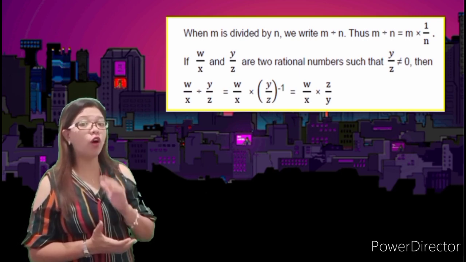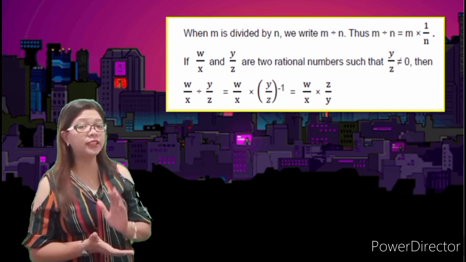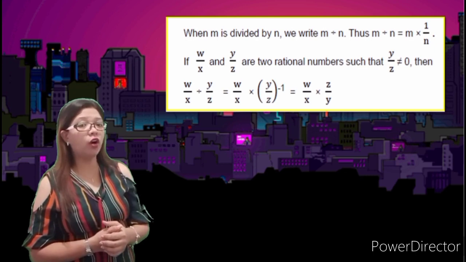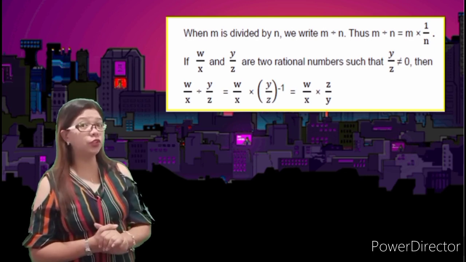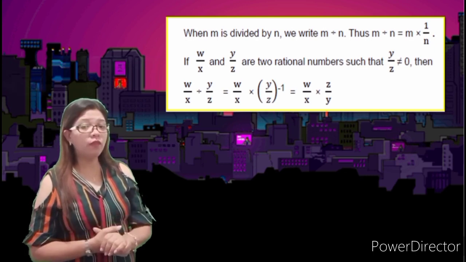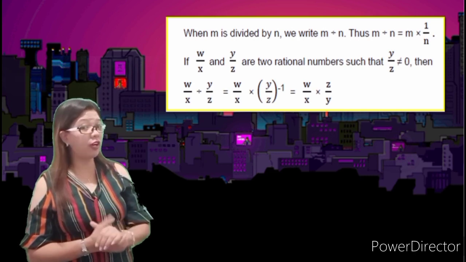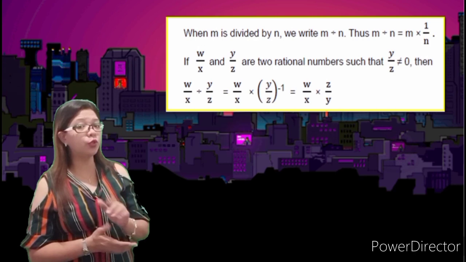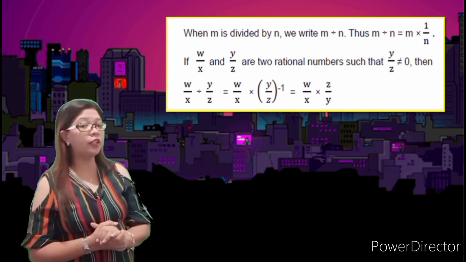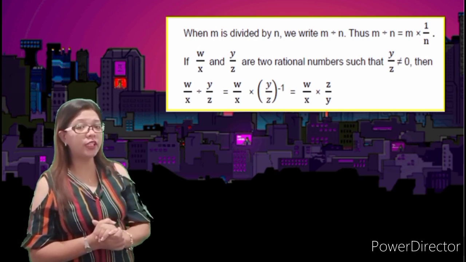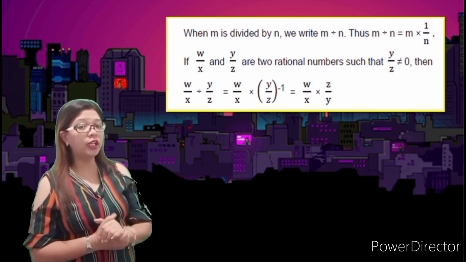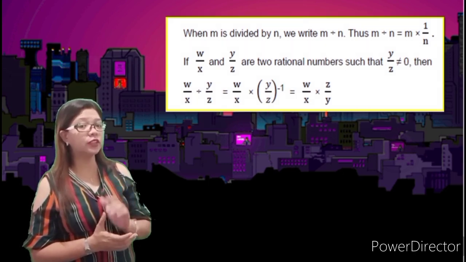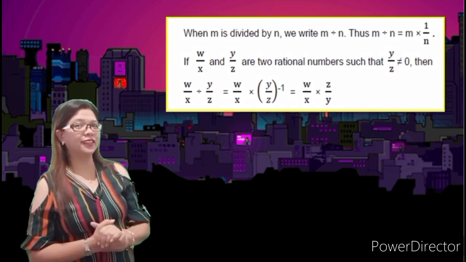If w over x and y over z are two rational numbers such that y over z is not equal to 0, then w over x divided by y over z is also equal to w over x multiplied by the fraction y over z raised to negative 1, which is also equal to w over x times z over y.